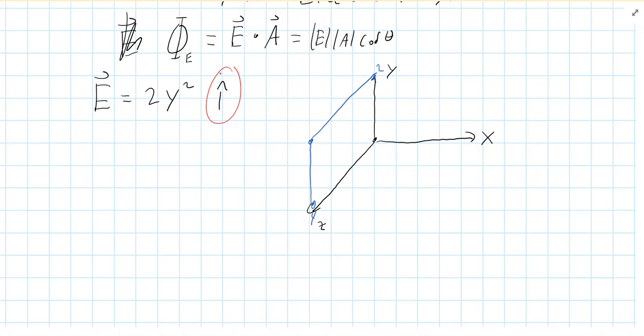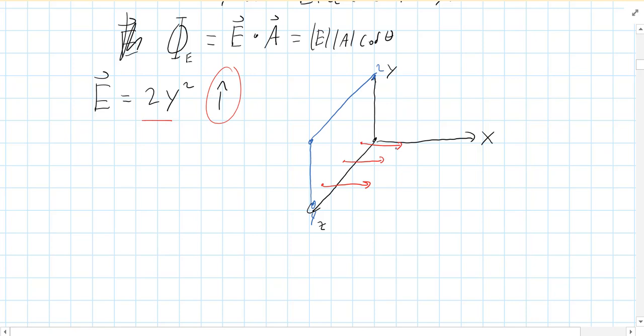Now, you'll notice that the field varies with y. As you go up or down from y equals 0, you get a stronger field. So near the bottom of this rectangle, there's going to be very few field lines poking through it, and those field lines will point to the right. I'll just draw a couple representative ones.